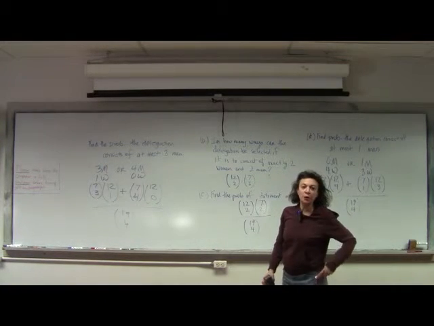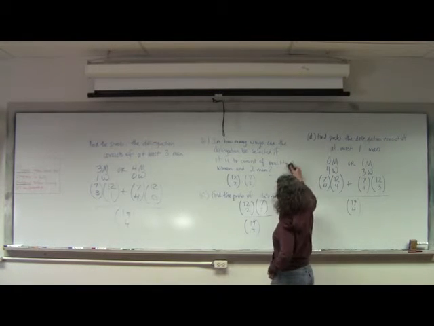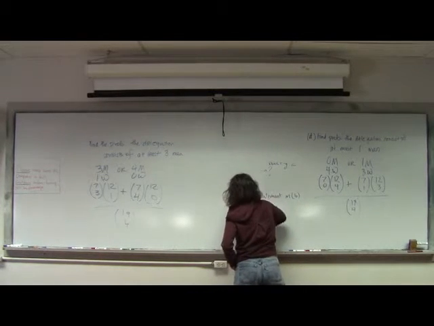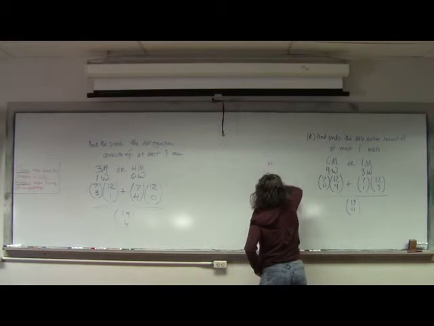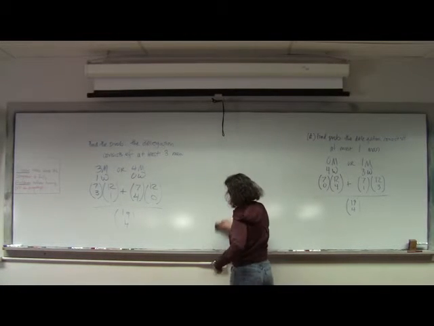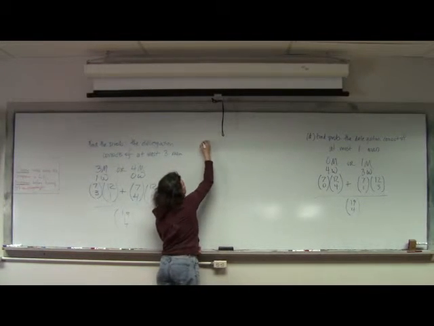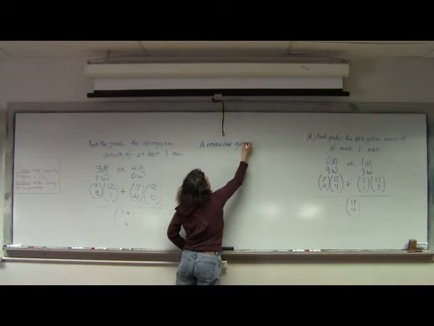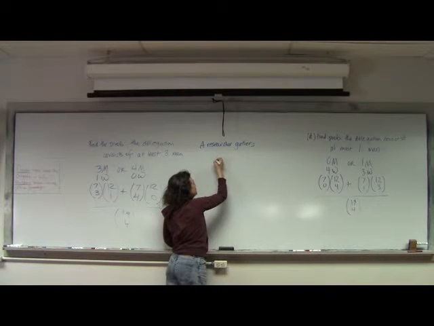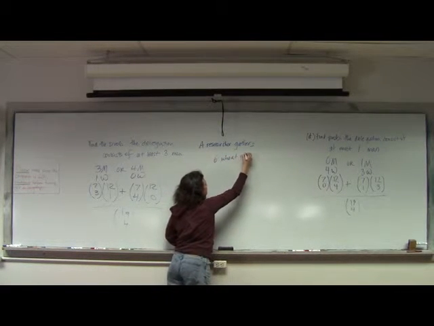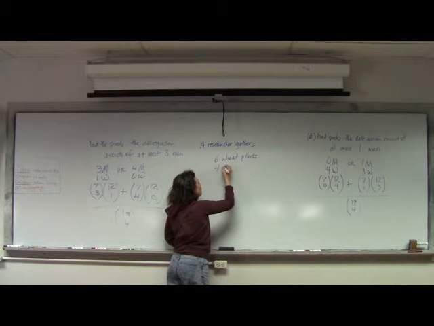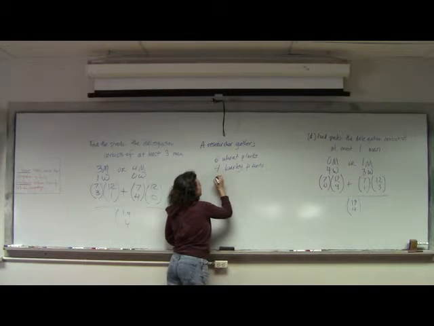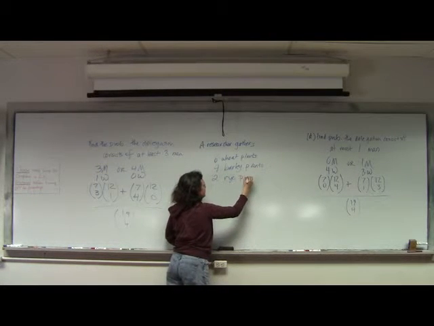So let's just do one more example here, or maybe 2 more examples, but then that'll be section 7.4. Okay, so suppose a researcher gathers, I don't know, 6 wheat plants, 4 barley plants, and 2 rye plants.